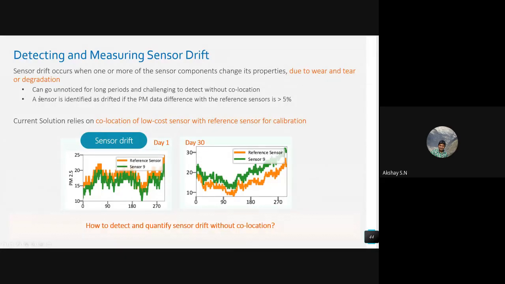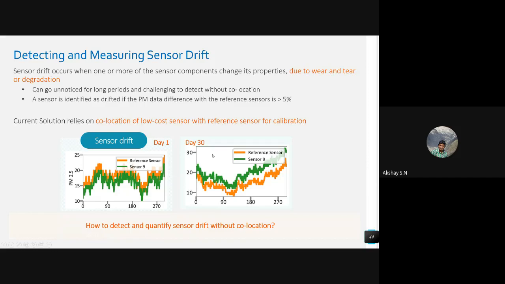And this sensor drift can go unnoticed for long periods if you don't put it back in the co-location. Imagine you deployed a sensor in some remote location. Because of wear and tear, the sensor could have drifted. You will never notice the sensor drift unless you either calibrate them or you put them next to a reference sensor. And that is very bad.